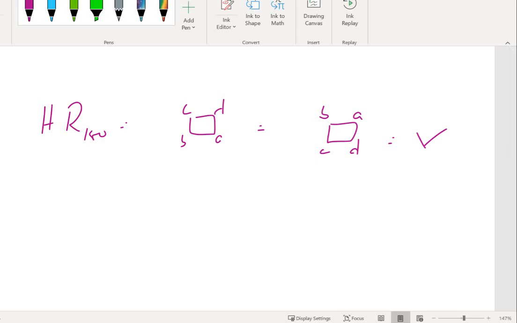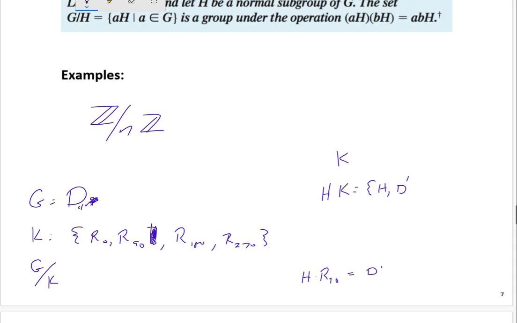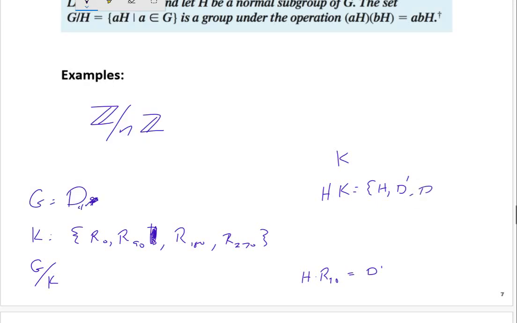All right, so we would wind up with D in here, V prime as well, I believe. A D prime, V prime.